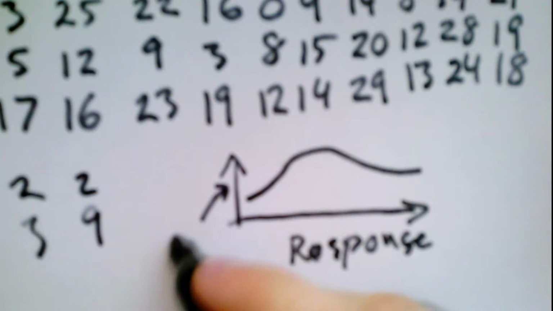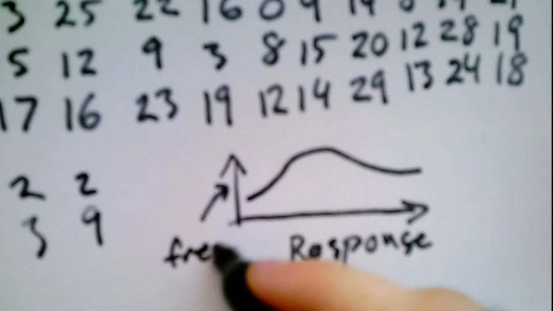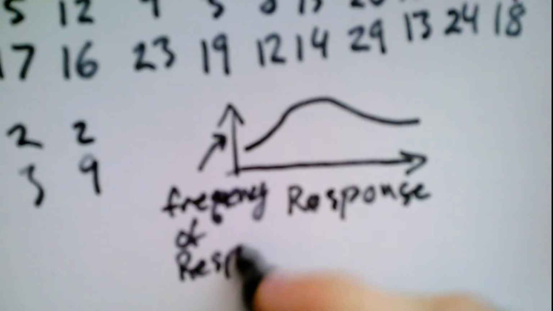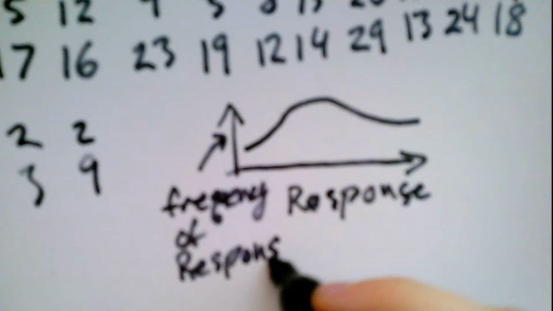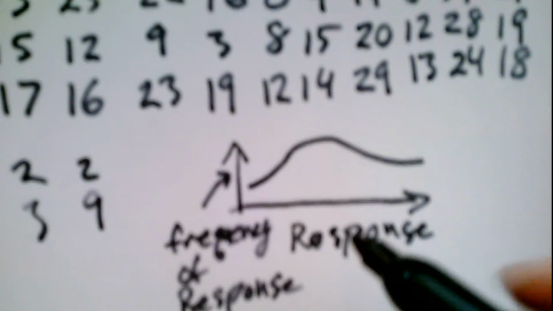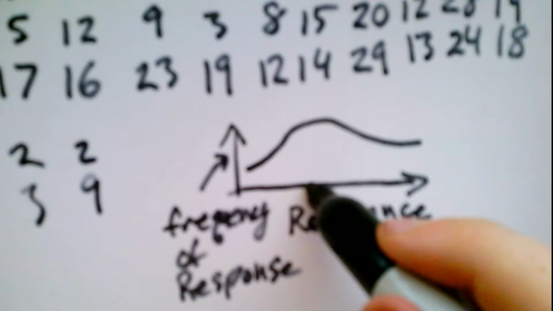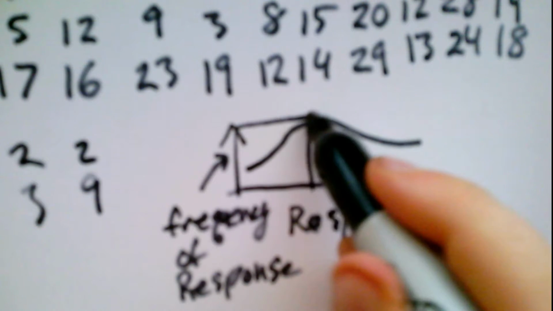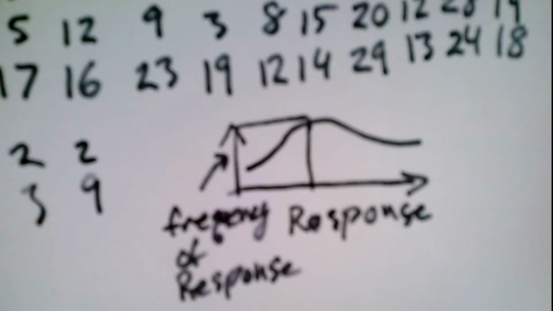So the frequency of the response. That's what we mean by our frequency distribution. It's the relationship between what a response was and how many times it appeared.